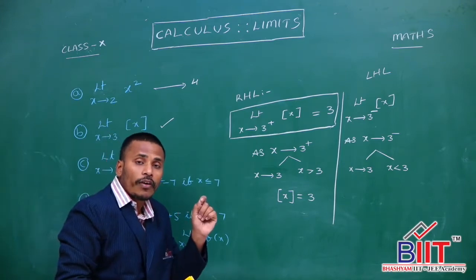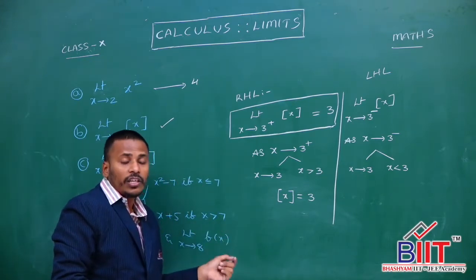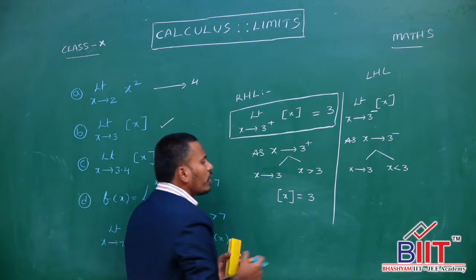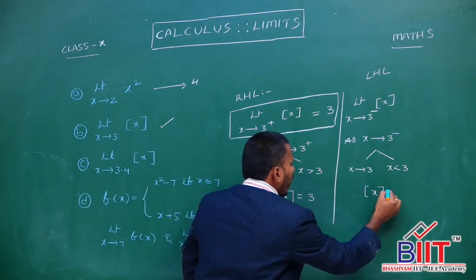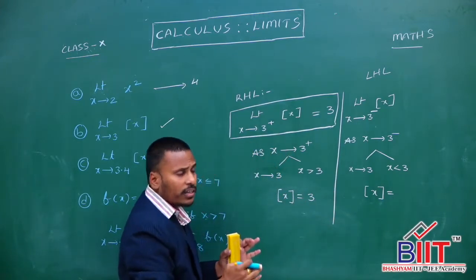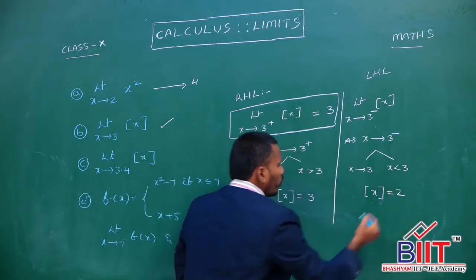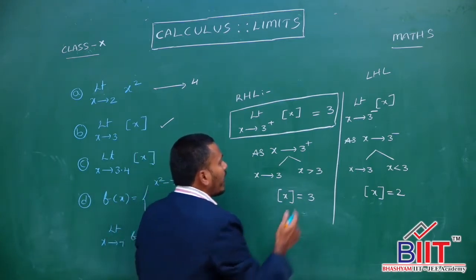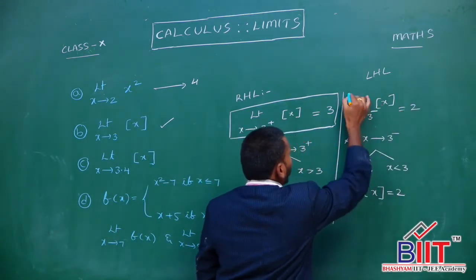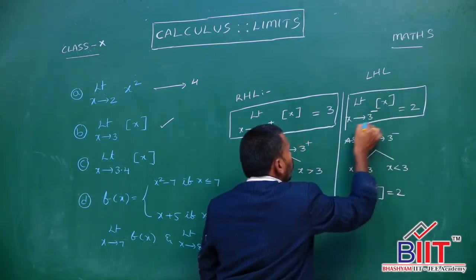Here the values of x are smaller than 3 and almost approaching 3, that means near to 3, right. So, less than 3, and that is why x is in between 2 and 3, so step x is equal to 2. Since step x is equal to 2, limit x tends to 3 minus of step x value is 2 here. So, the left hand limit is 2.